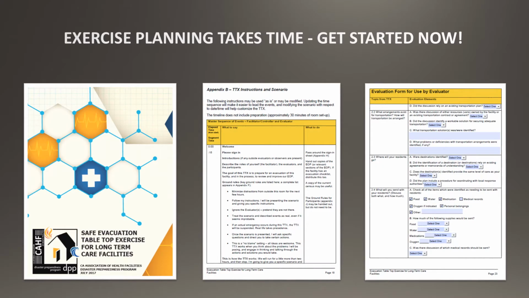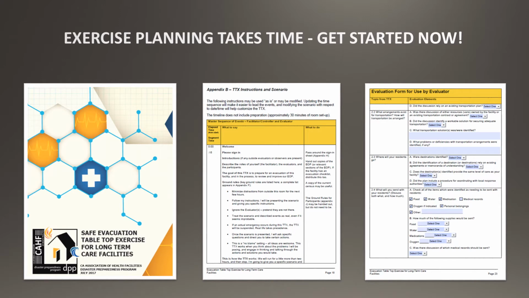This is a part of your handout. This is A to Z, soup to nuts, add water, shake, whatever you want to call it. This is a complete evacuation tabletop exercise that you can use or modify. Feel free. It's in your handouts now. It's very in-depth. You can choose to use this, or a portion of it.